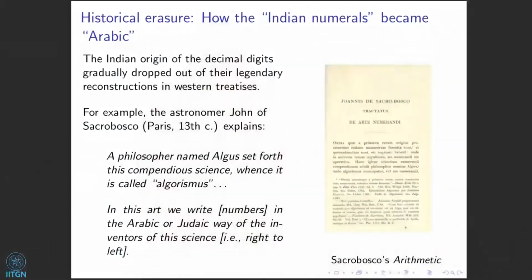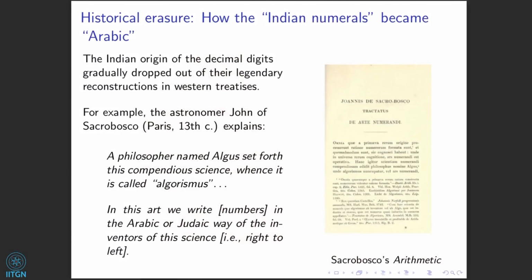And similarly, continuing this development of a legend, the Indian origin gradually dropped out of these explanations, and the digits themselves were attributed to the Arab mathematicians from whom the European mathematicians had most recently received them, or with whom they associated them.